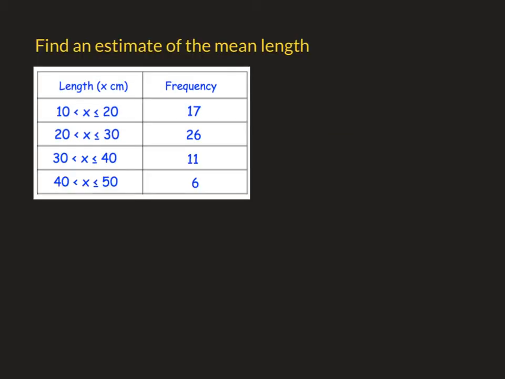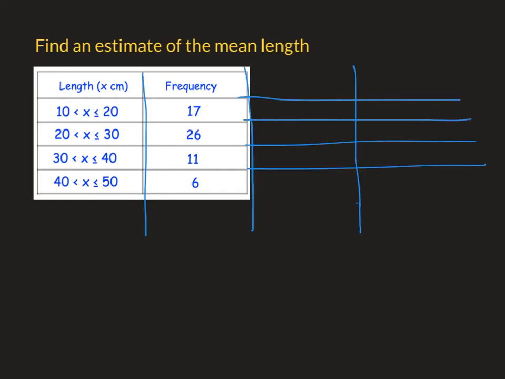So pause your video and please find an estimate of the mean length using this table. So pause the video and then I'll talk through it. Okay, so my first step is I'm going to draw in those extra columns. Next, I need to find the midpoints.